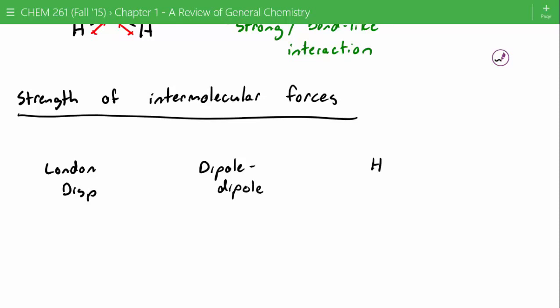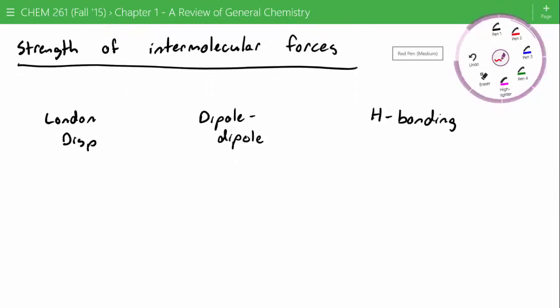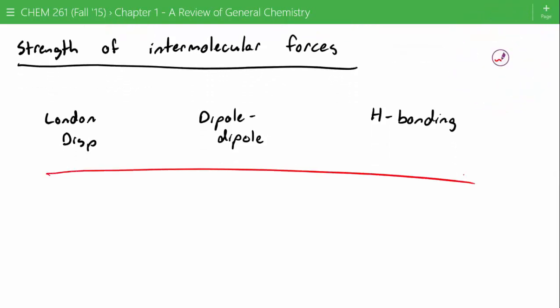And over here, we've got H bonding. We can go through and we can say that these are stronger, and they have a higher boiling point. And over here, they are weaker, and they have a lower boiling point.